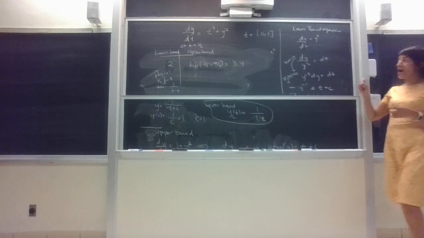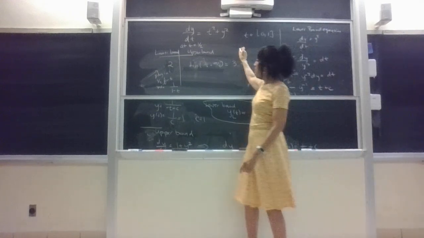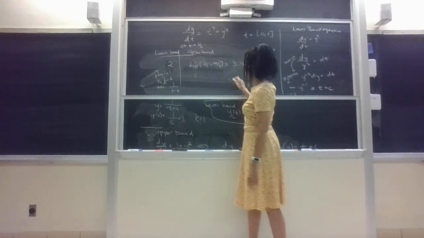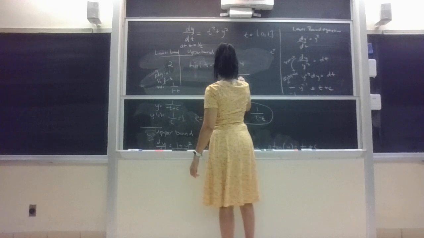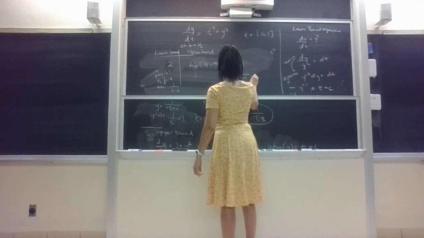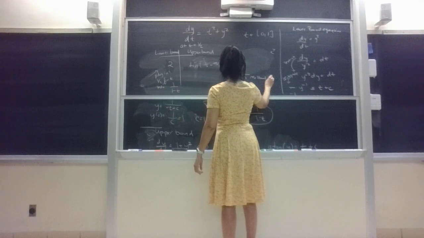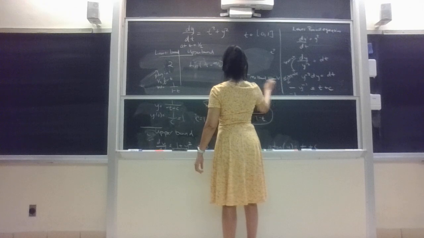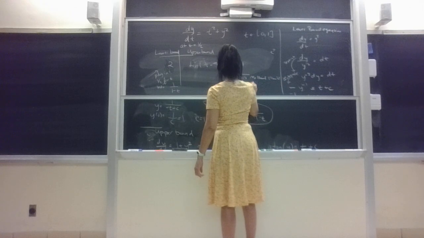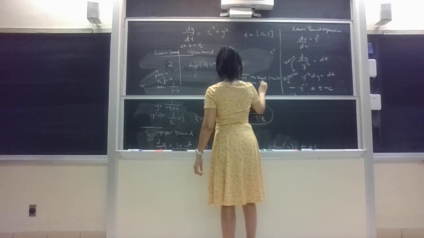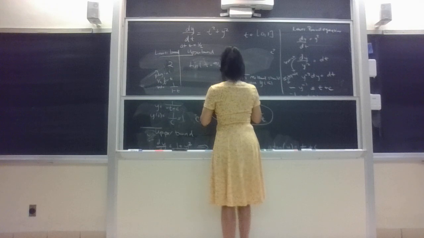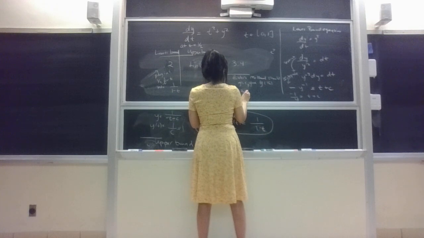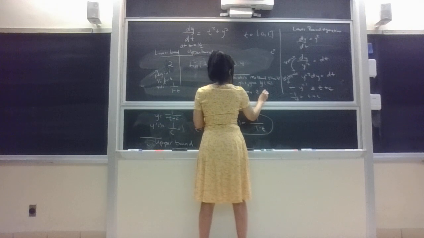So what you want is you want your Euler method, whatever it gave you for Euler, to be y at 1/2 between 2 and 3.4.